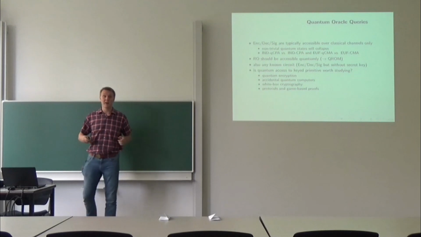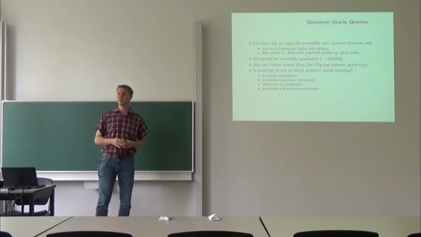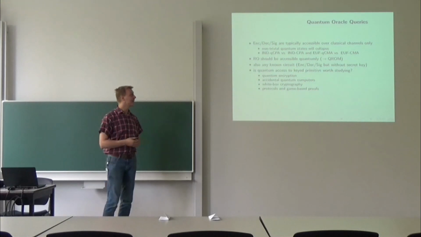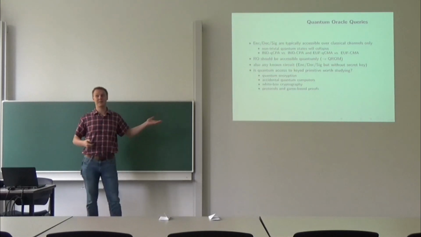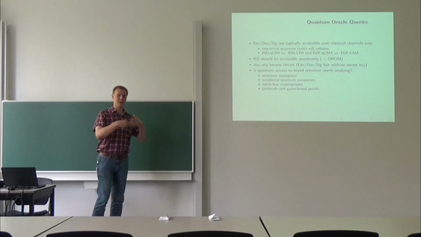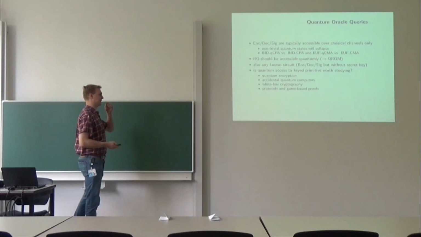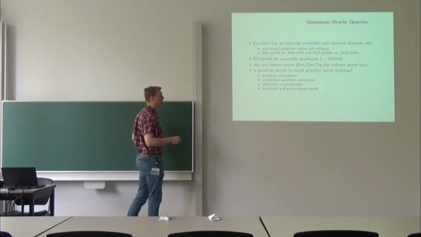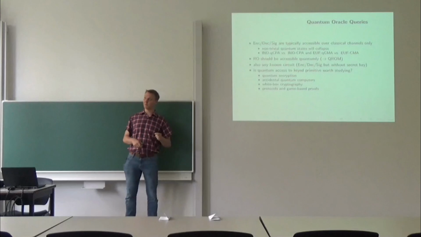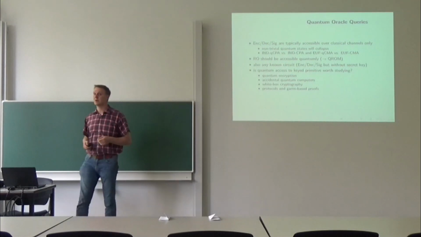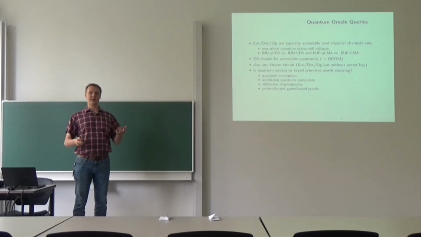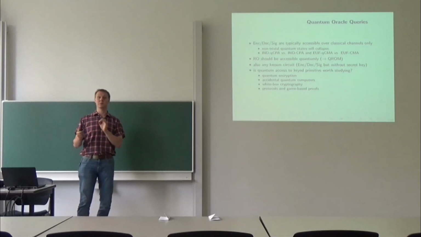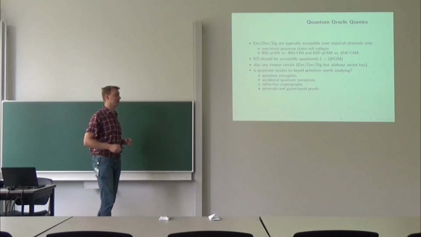Whenever you're giving obfuscated code to the user, and this obfuscated code contains your key, well, if this user possesses a quantum computer, he can obviously run this code on a superposition, and that's no problem at all. And lastly, whenever you have an elaborate protocol proof through a sequence of games, for instance, then you want to take into account that this proof should remain valid when you consider quantum adversaries.